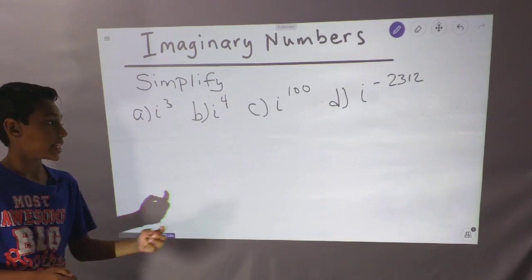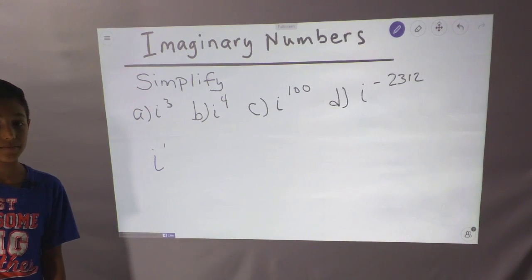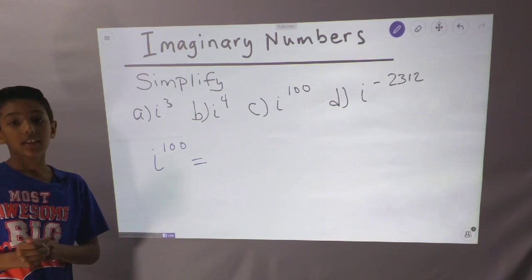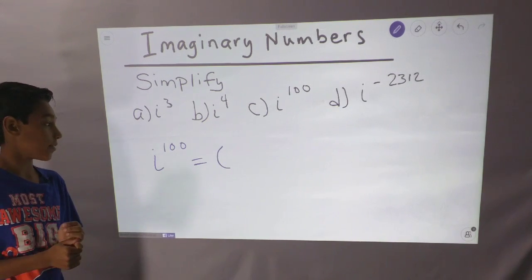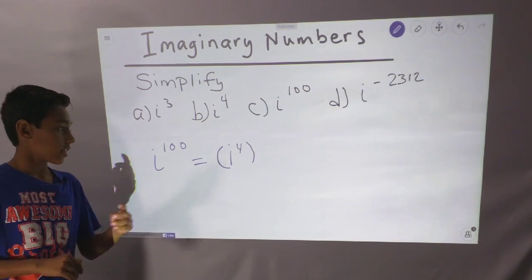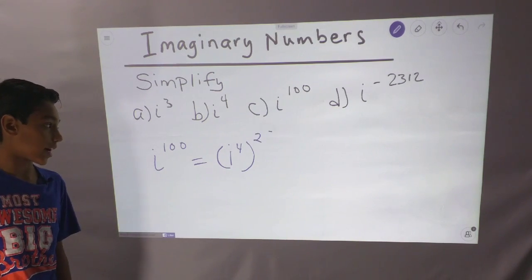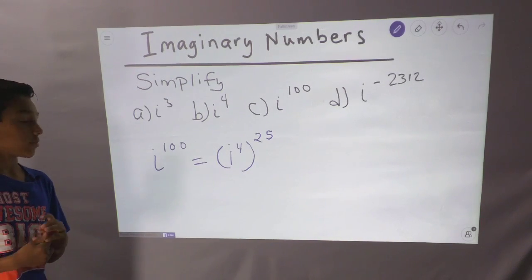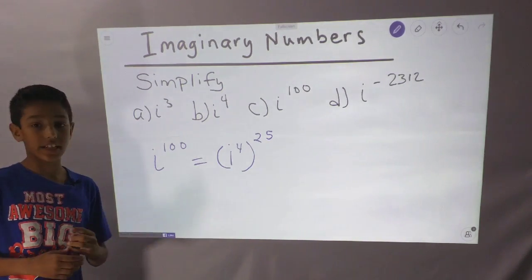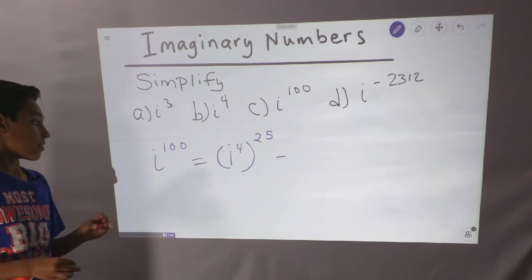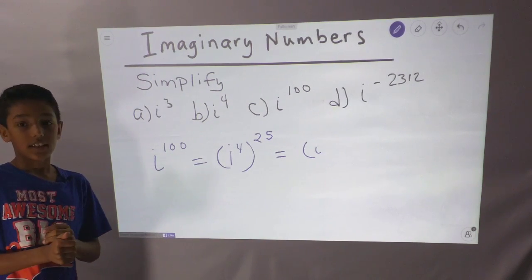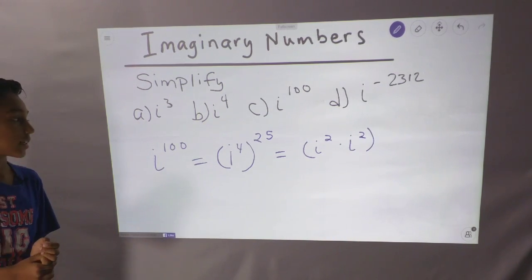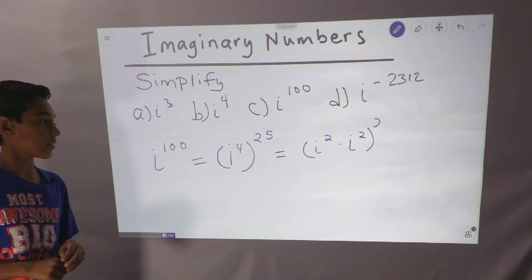So now we go on to C. This may look hard, but it isn't when you simplify it out. So i to the 100th is equal to, inside parentheses, i to the fourth, and then to the power of 25, since 4 times 25 is 100. So i to the fourth is the same as i squared times i squared, to the power of 25.